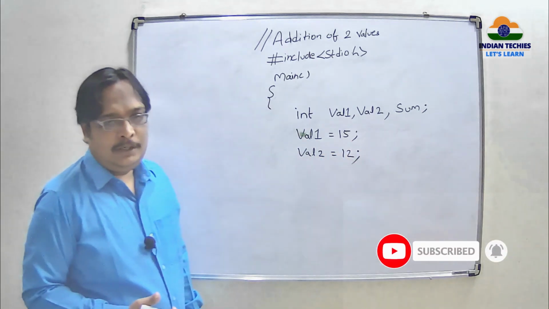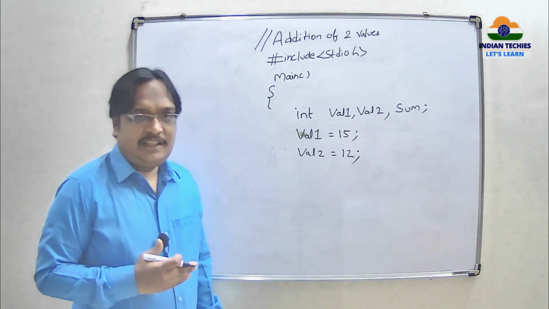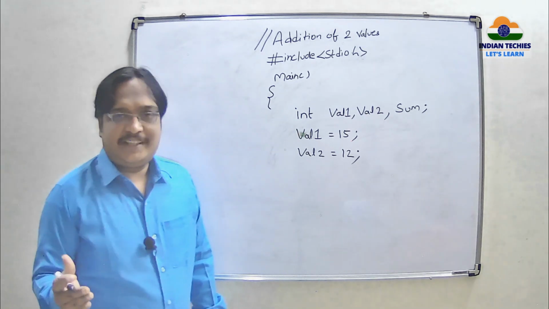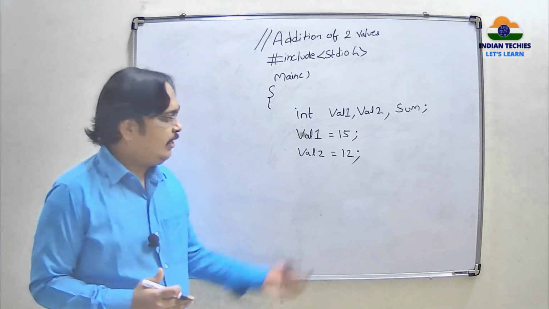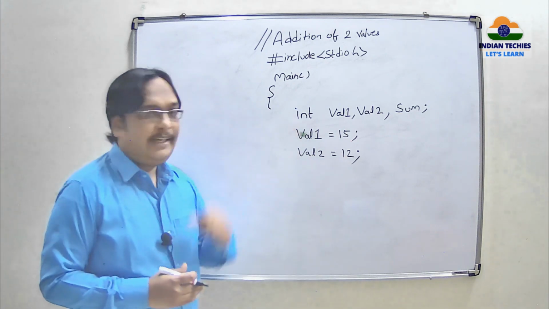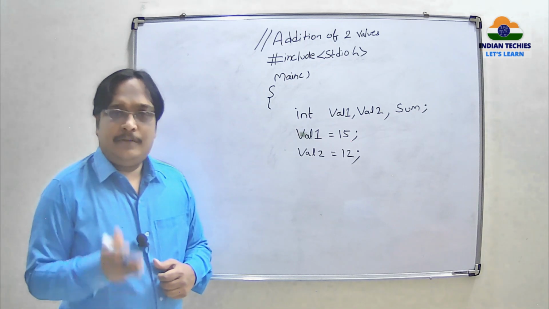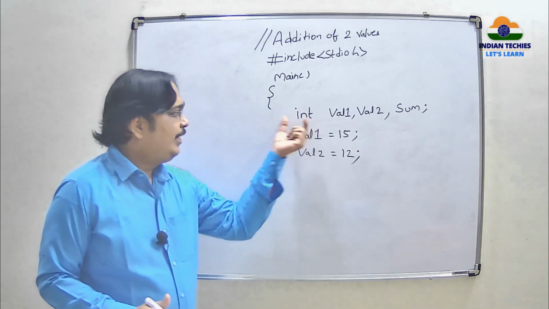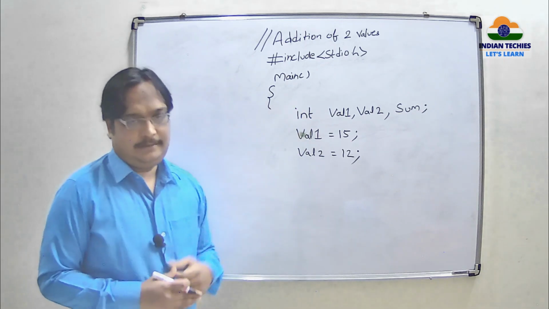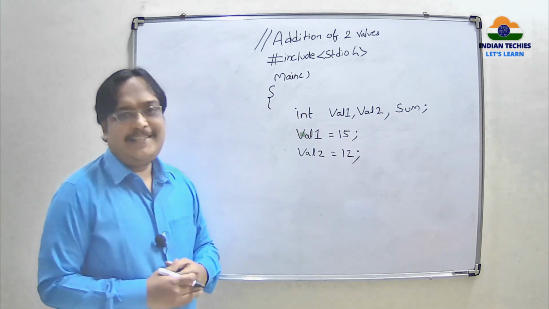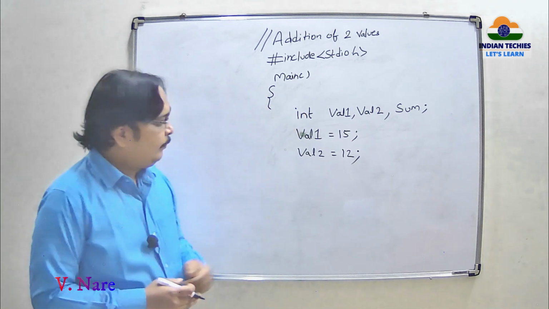You can give any value from minus 32,768 to plus 32,767. Both positive and negative values can be added, since I have declared them as integers. If you want only positive values, no negative values, this int should be declared as unsigned int. Just prefix a keyword called unsigned in small letters.